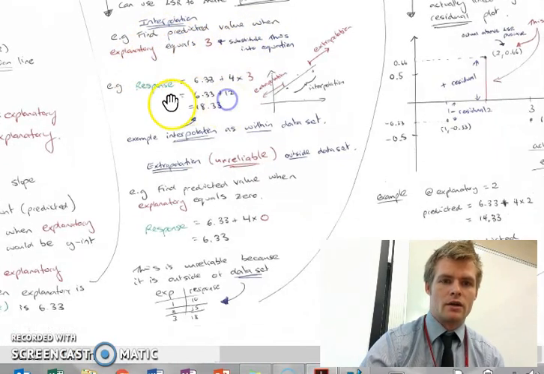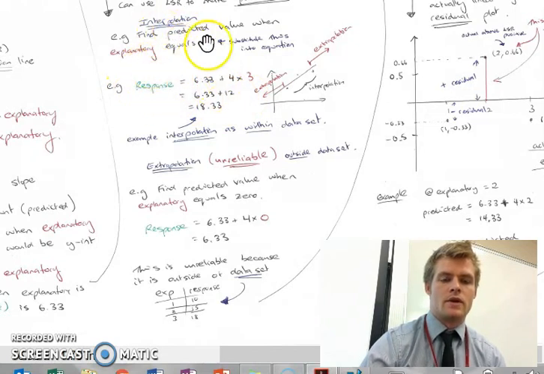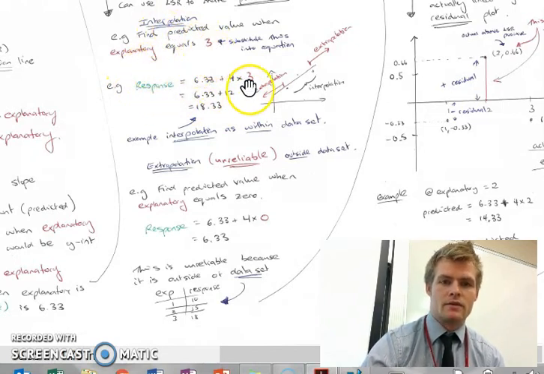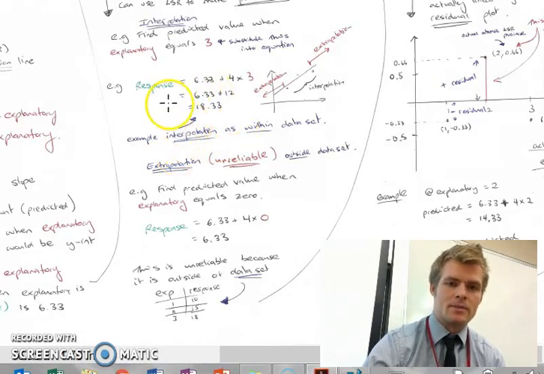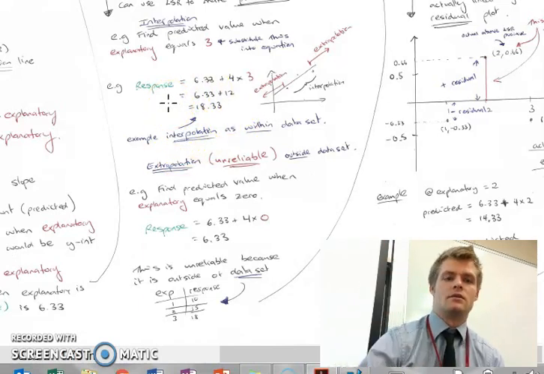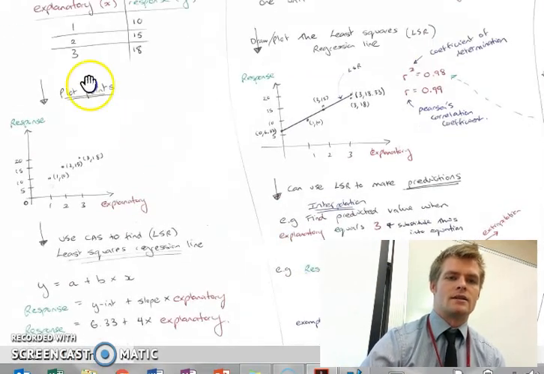We've already got the equation, so we would sub in 3 for the explanatory. You get 6.33 plus 4 times 3, which is 12, which gives you 18.33. Is this interpolation or extrapolation? It's interpolation because 3 is within your original data set.